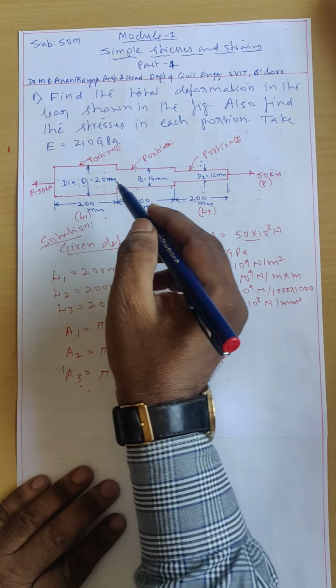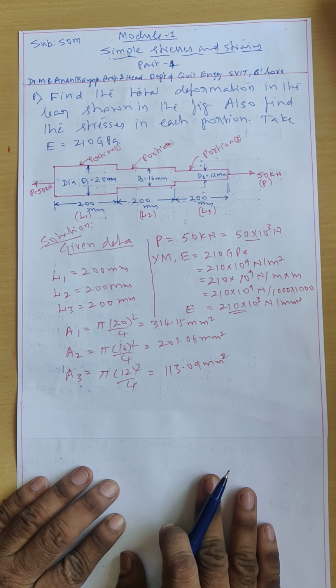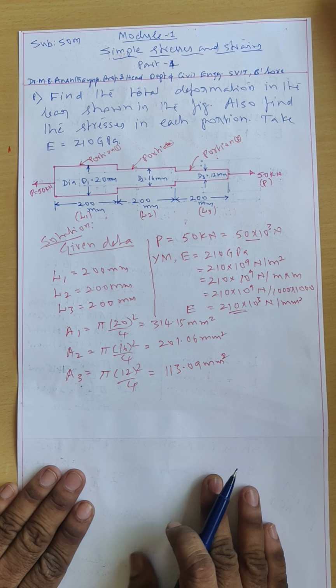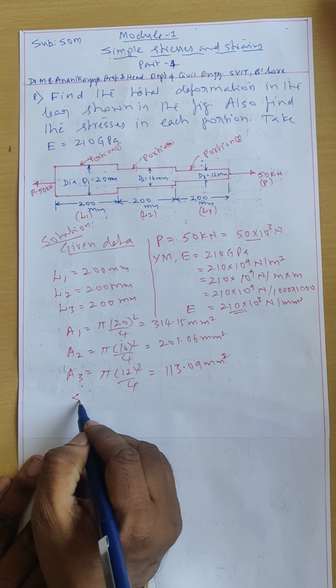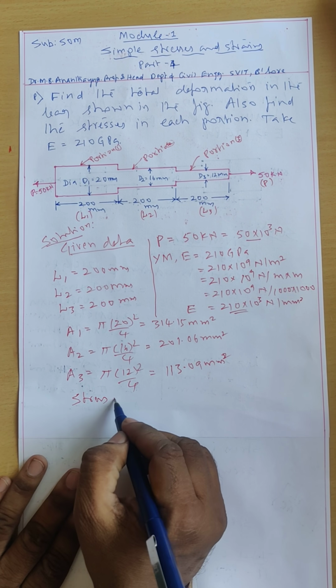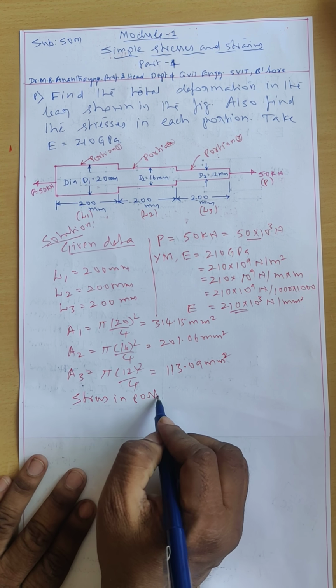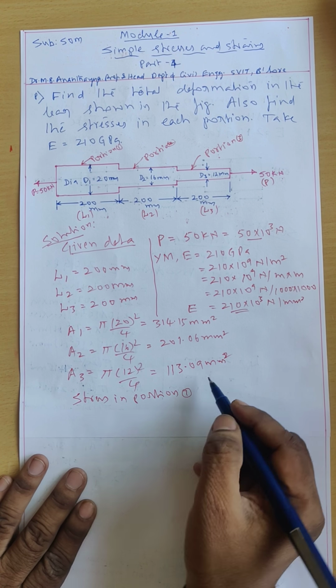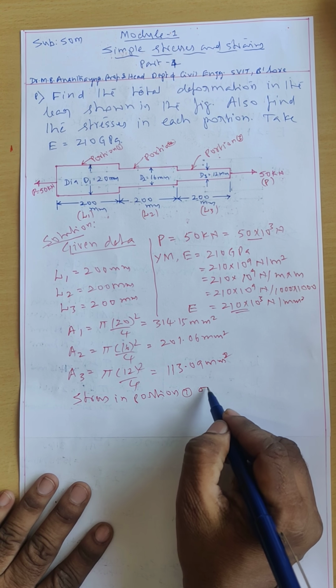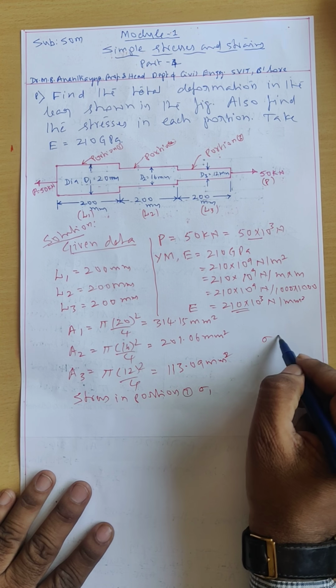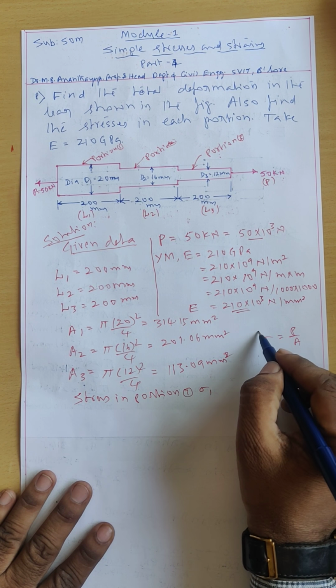Now our aim is to calculate stresses in different portions: stress in portion 1, stress in portion 2, portion 3, and change in length. First we will calculate stress in portion 1. I am calling it sigma 1. We have stress sigma equal to P by A. It is a general equation.